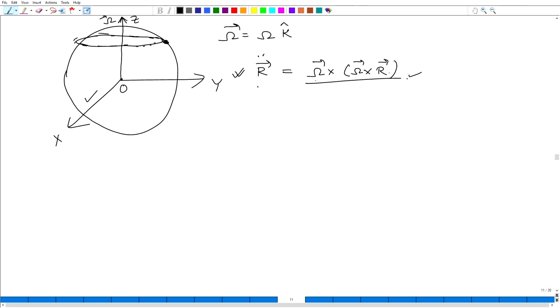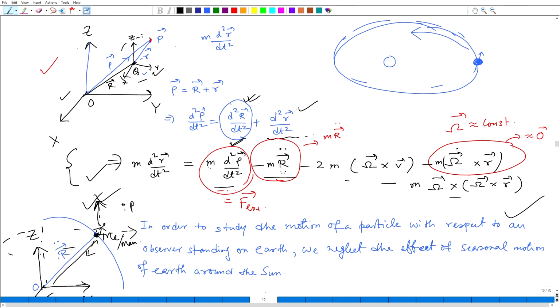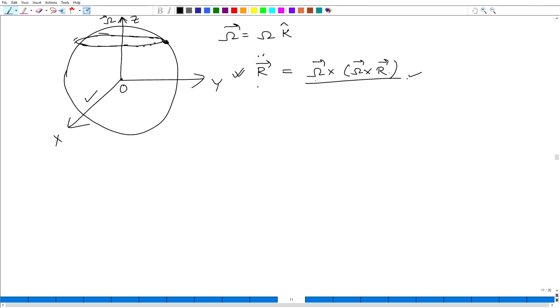Now, what will be this quantity, this m d2 rho dt2? What is the F external? F external will simply be the gravitational force, due to the gravitational interaction of this mass particle P, which has a mass small m, and earth.